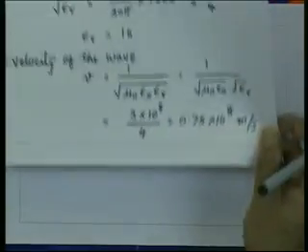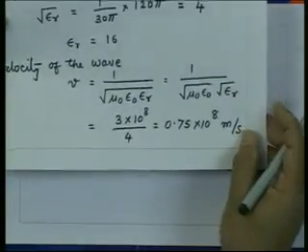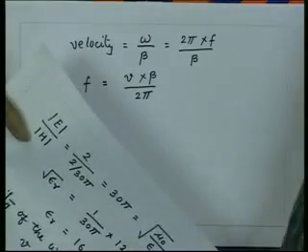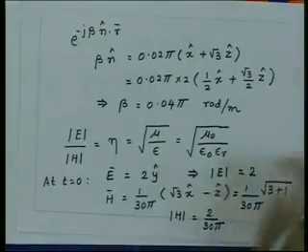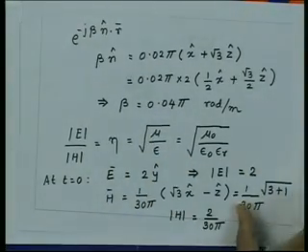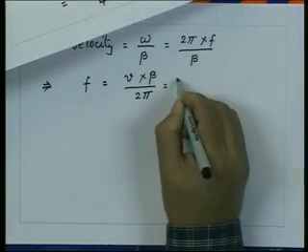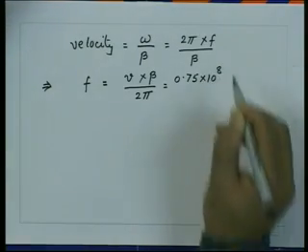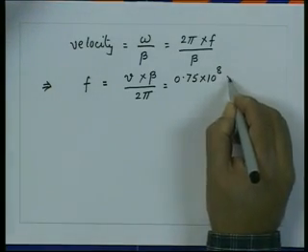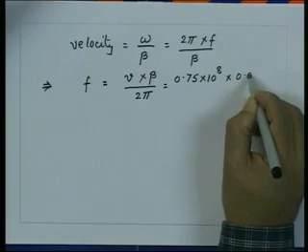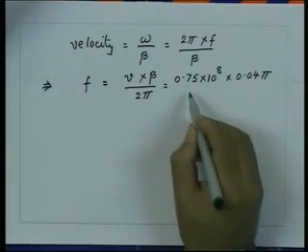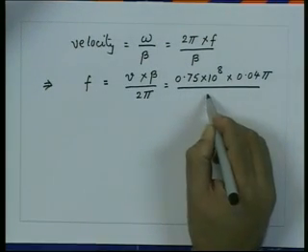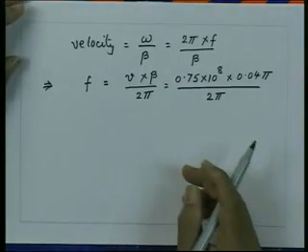We have found this velocity, which is 0.75 into 10 to the power 8 meters per second. We also have found the value of beta, which is 0.04 pi radians per meter. Substituting, this is equal to 0.75 into 10 to the power 8 multiplied by beta, which is 0.04 pi, divided by 2 pi.